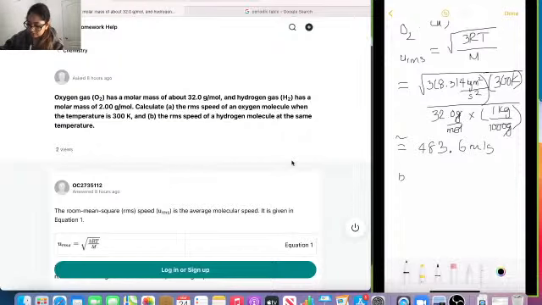Then for question B, it says to find the RMS speed of hydrogen gas. To do this, we basically do the same thing.